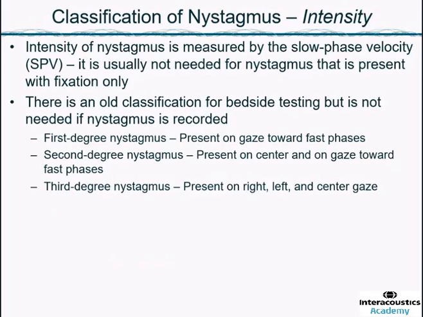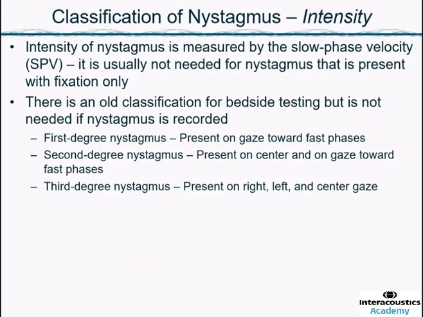So the next classification, as I mentioned, is the intensity of the nystagmus. Intensity of the nystagmus is basically measuring the slow phase velocity of the nystagmus. You do not need to do this if you're just looking at nystagmus with fixation.